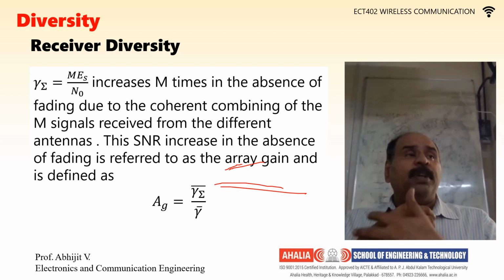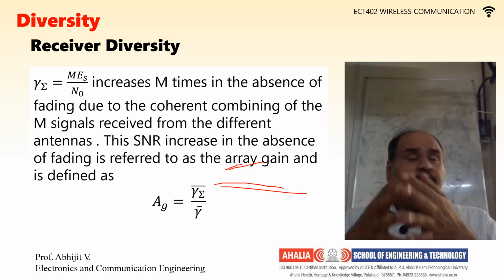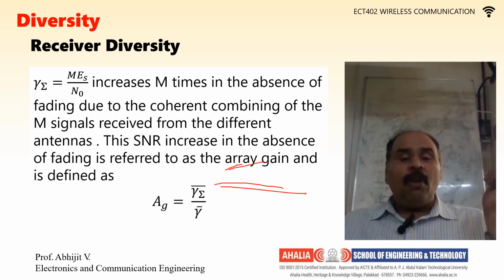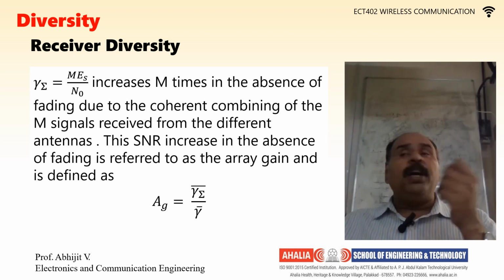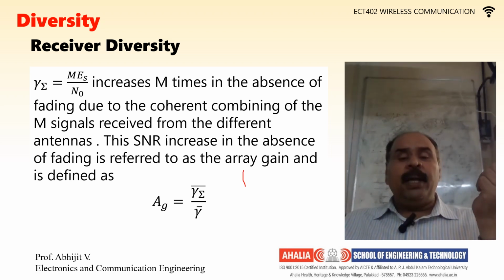You may be asked a question about how to define array gain or what is array gain. In other words, array gain is also called power gain. So in case you get a question in your exam asking what is power gain, don't get confused. Array gain, other name is power gain.